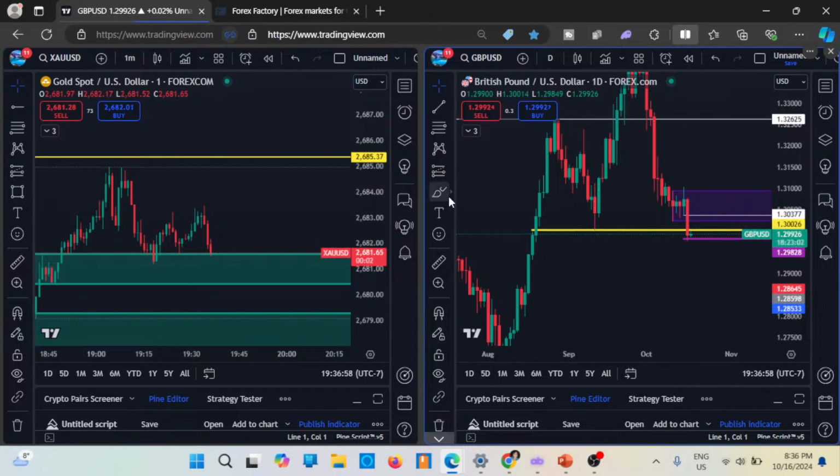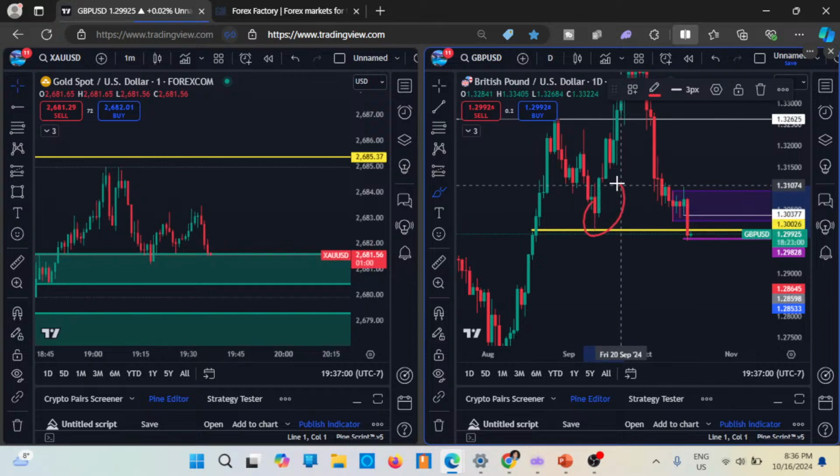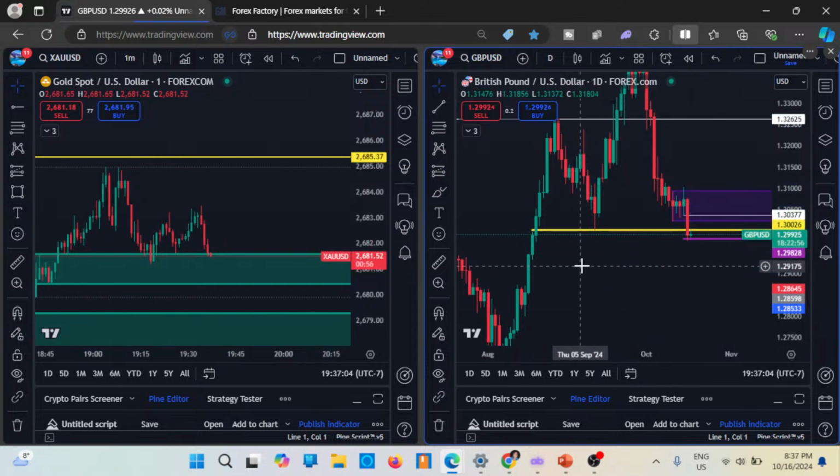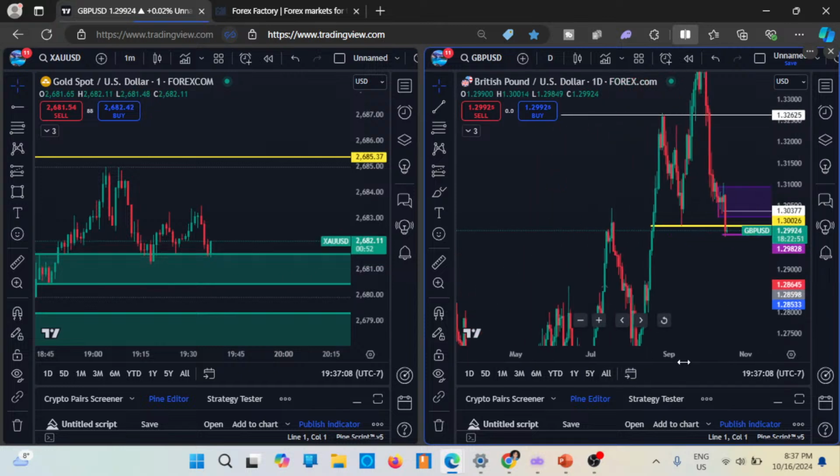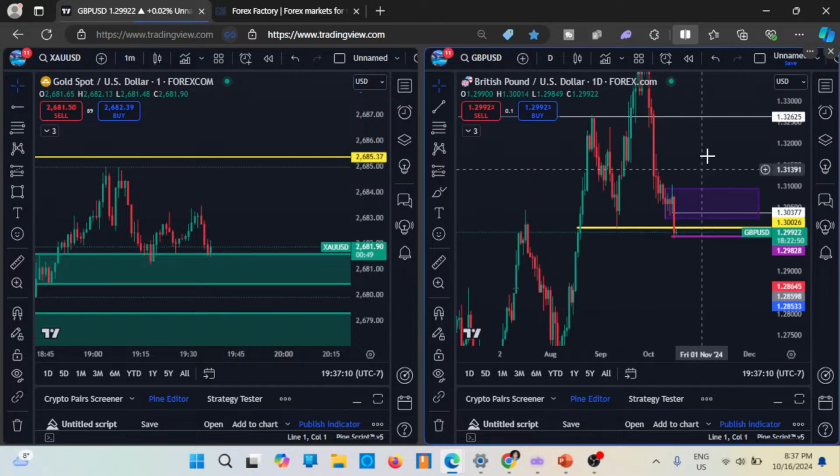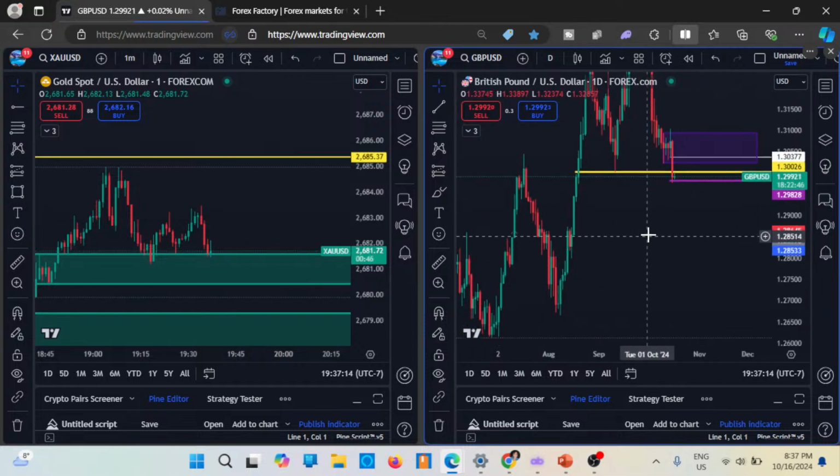This was our previous low, a very critical level for GBP USD to not break. Unfortunately it broke it, and because of that, this is most likely going to start pushing the price further down. The next major support for GBP USD on the daily time frame is around 1.27.